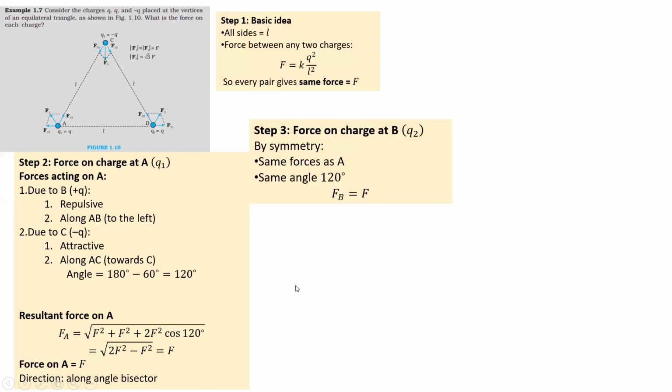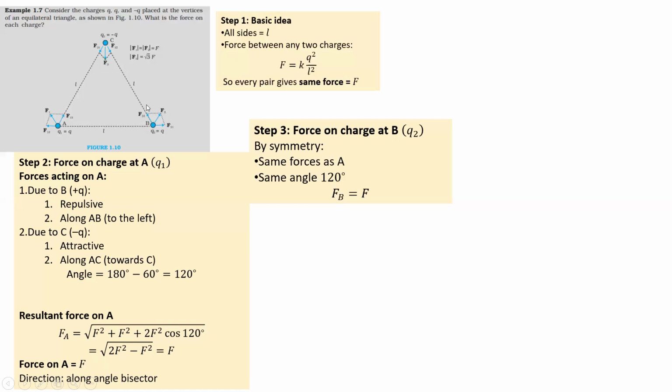Now, we'll go to point B. What is the net force on point B? Once again, same here. This is positive charge. This is negative charge. So, it will be attracted towards point C, and due to A, both are same kind, so it will be repelled. One force will be in this direction and the other force will be in this direction.